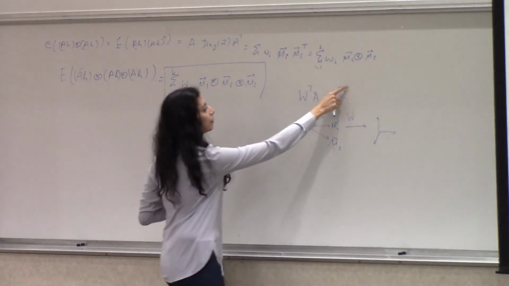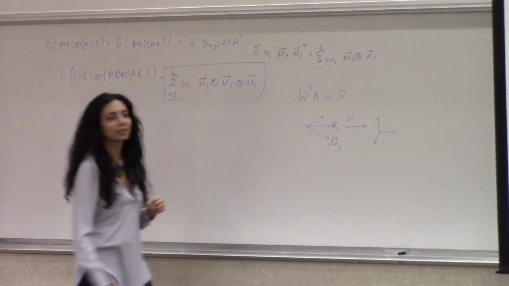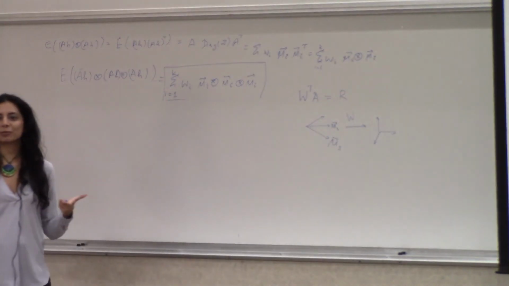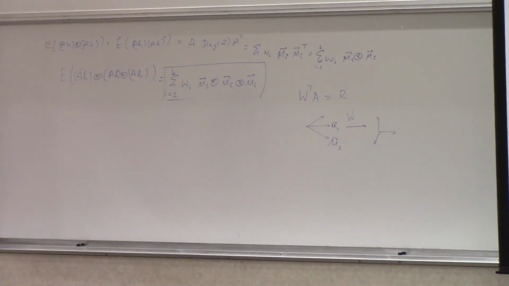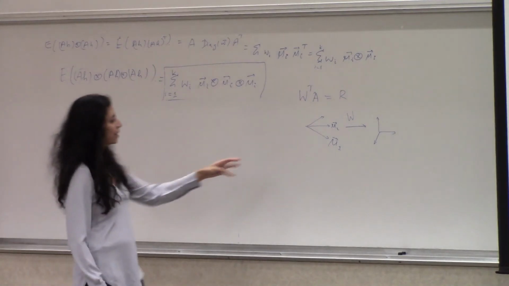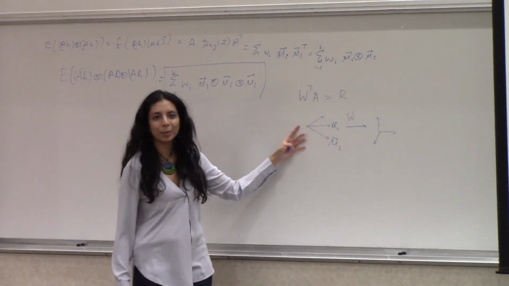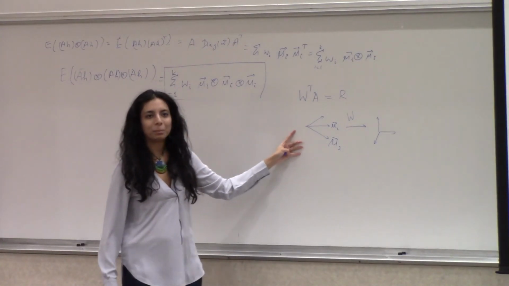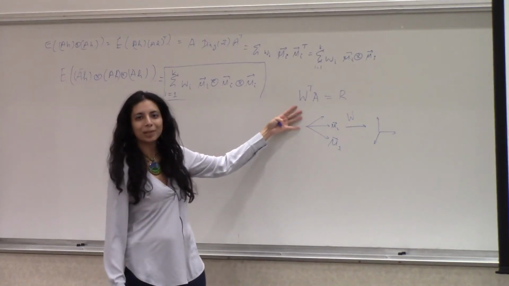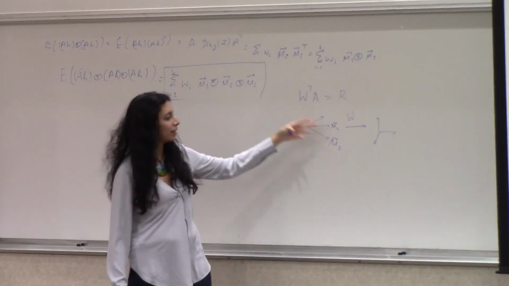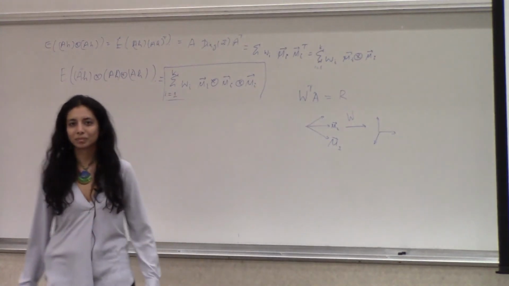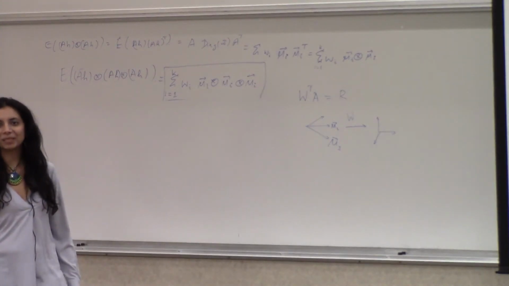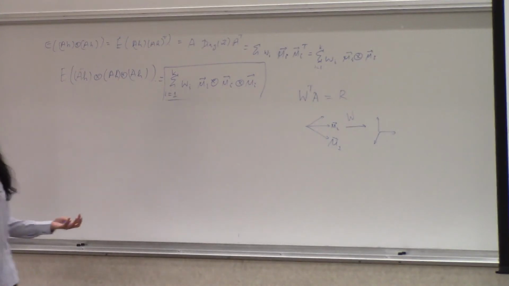Sorry, R is a matrix, not a vector. So what is such a transformation? We did this in the last class. If I have a set of vectors in some arbitrary position, and I want to do a linear transformation such that they become orthogonal, that's whitening. Yes, this is the whitening transform.